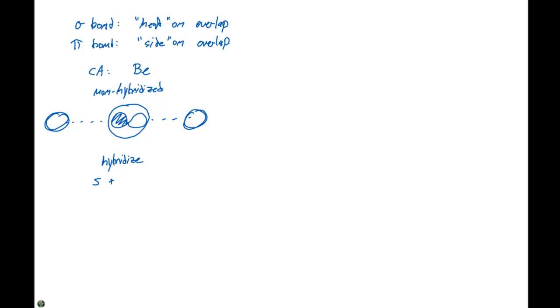So if we have an s plus a p, we're going to get two sp hybrids. If we put the nucleus here, one of them is going to look something like this. The other is going to look something like this. So we have two of these, and if we center them right on the nucleus, they're going to look something like this.